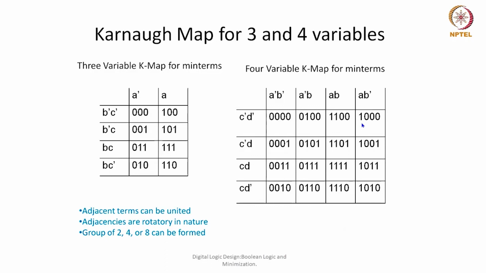One part is this, where we have summarized how to create a canonical form and how to create a K-map. The next part of this lecture will take a couple of examples of K-maps, where we see optimizations, how we can form these groups, and how we can simplify using K-map. Thank you very much.